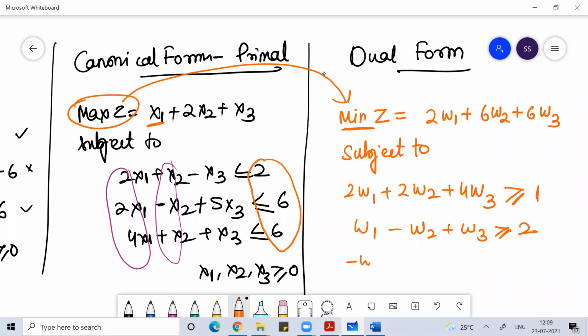Then minus W1 plus 5W2 plus W3. Again, see the coefficients of the objective function of the primal. They become the RHS of the dual, and the RHS of the primal becomes the coefficients of the objective function of the dual.